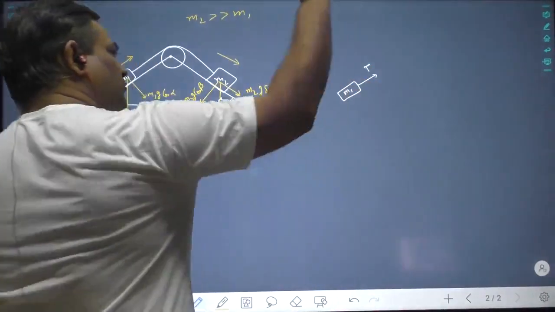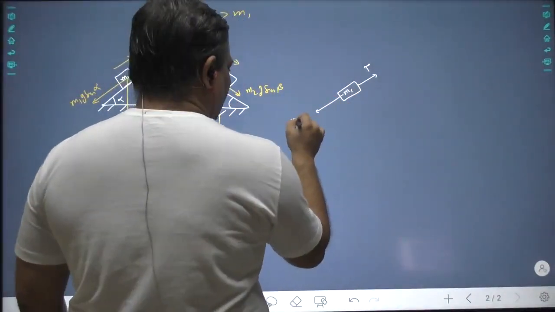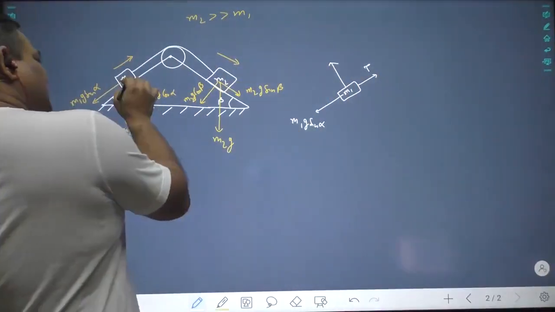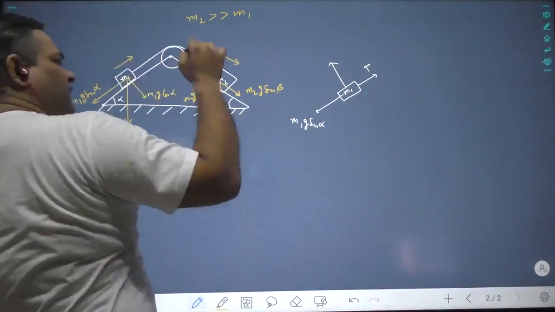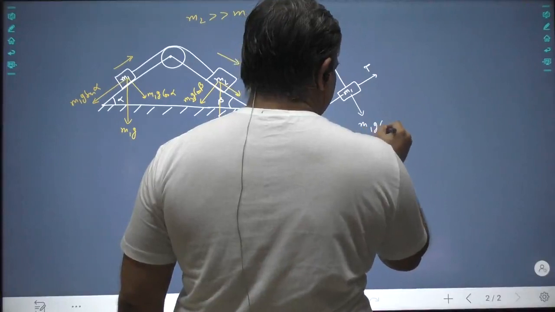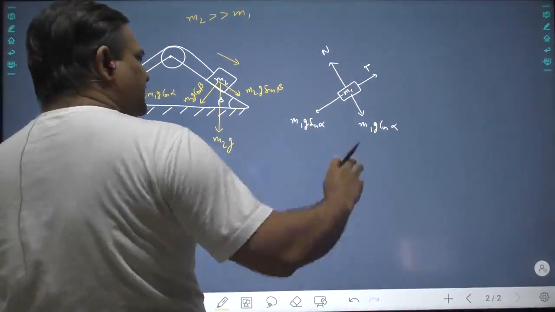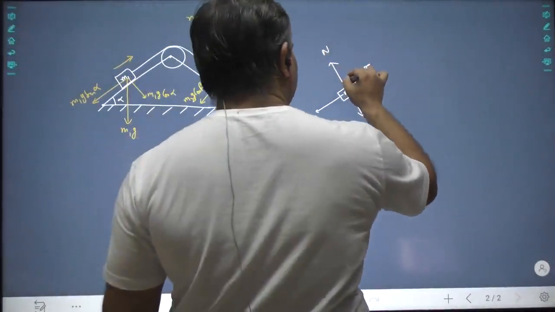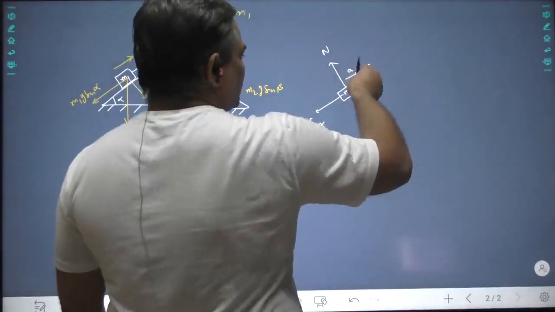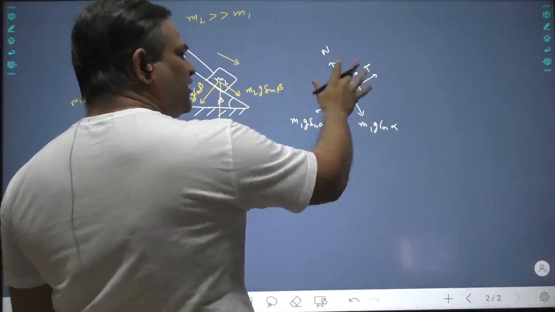So tension pulling the body, the weight component M1G sin alpha, the normal reaction by this contact in the upward direction, and the weight component M1G cos alpha. This is the force diagram. These are all the forces, and then the acceleration along this. Since it is moving along this, the perpendicular forces must be balanced. This is the free body diagram.